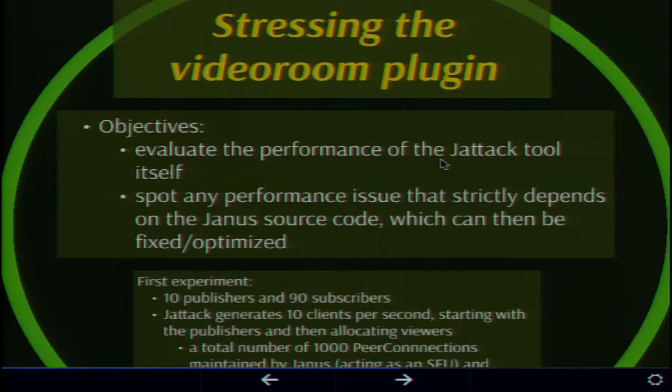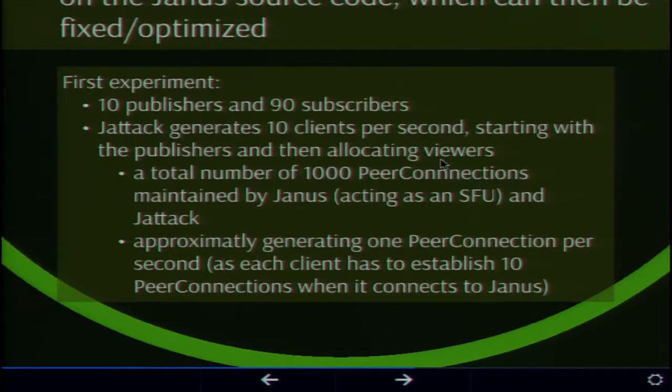And in fact, in the test that we describe, we have 10 publishers and 90 subscribers. So figure out a conference with 100 participants, 10 of which are the most active ones.